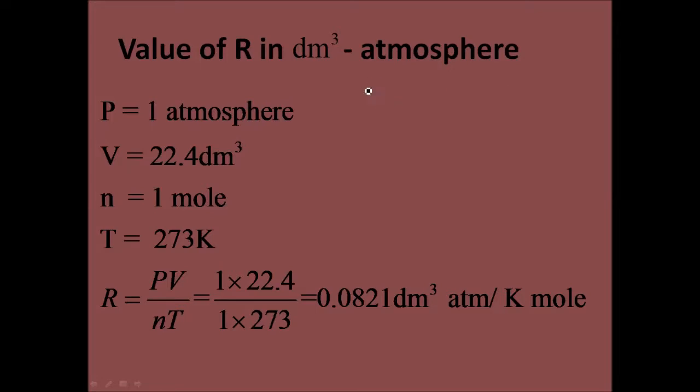This is another unit of R. Here P is 1 atmosphere, volume is 22.4 dm cube, n equals 1 mole, and temperature is 273 Kelvin. These are all standard conditions. By substituting all these values, we have the value of R. So it depends on the problem, and according to the data we choose the value of R.